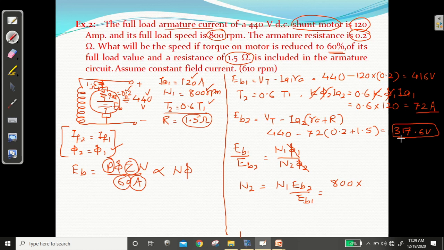We got EB2, 317.6 volt, upon EB1, which is 416 volt. So we will get N2. What will you get for N2? If you use the calculator, N2 equal to 610 RPM.